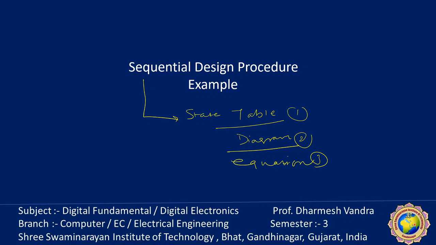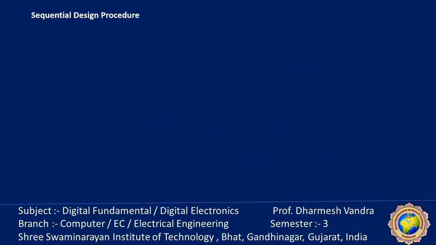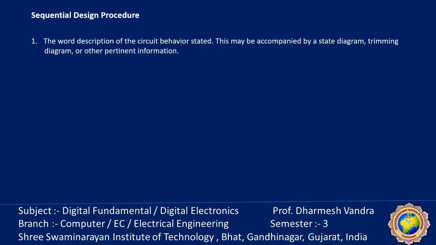So let's see one by one the strategic method to design a sequential circuit. Suppose a problem is given in the form of words, like design a ripple counter or make a circuit which detects a particular sequence.